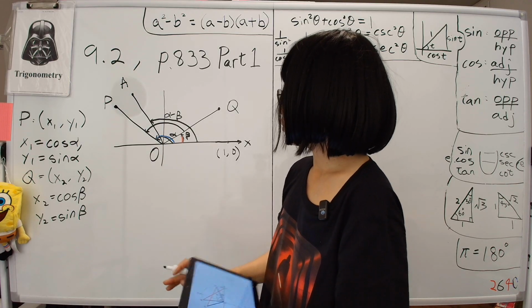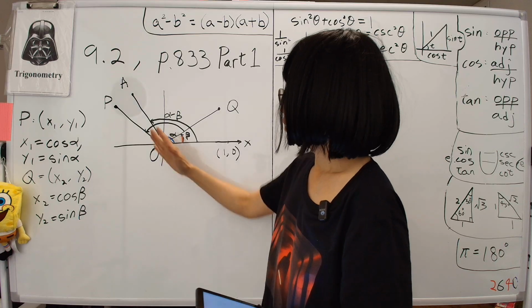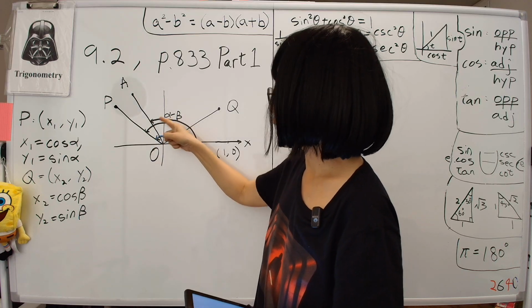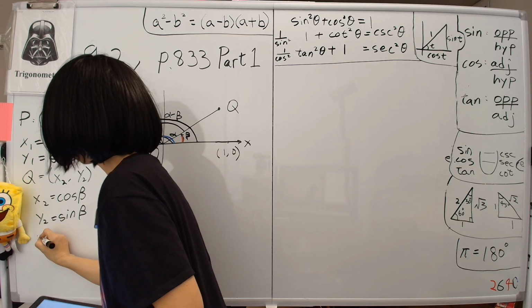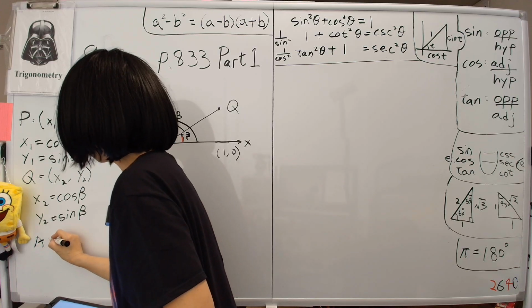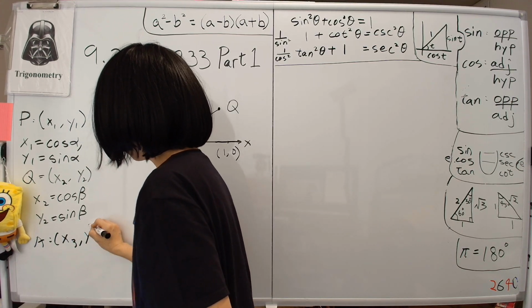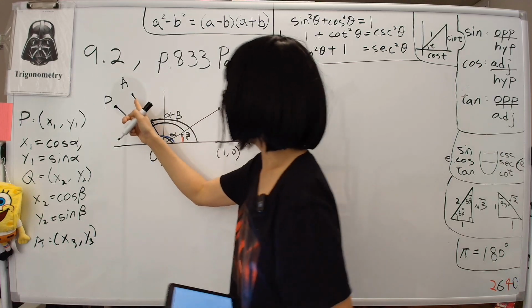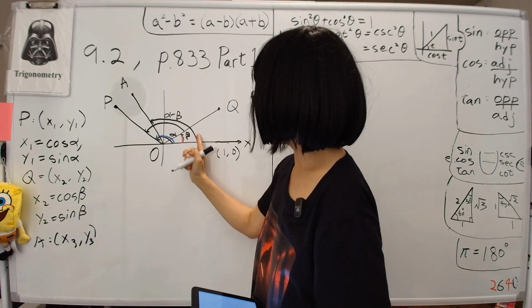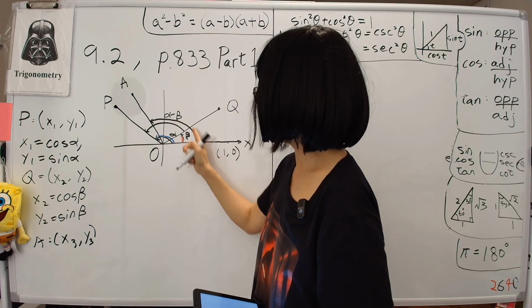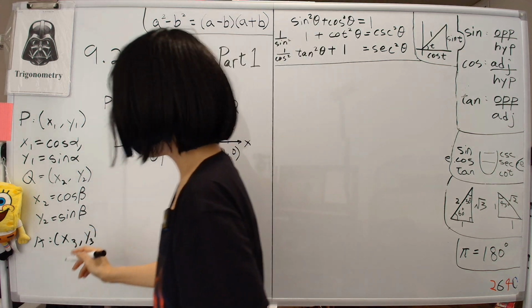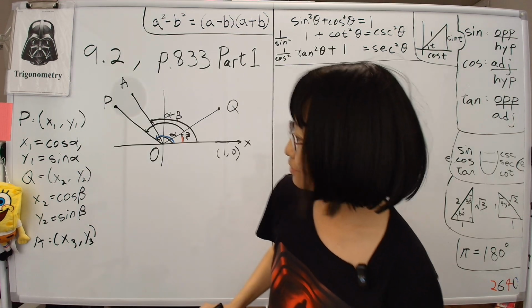And finally, then A has the angle next. So A, we will call it x3, y3. Okay, the coordinate A's angle is alpha minus beta. And here's the magic of this proof.